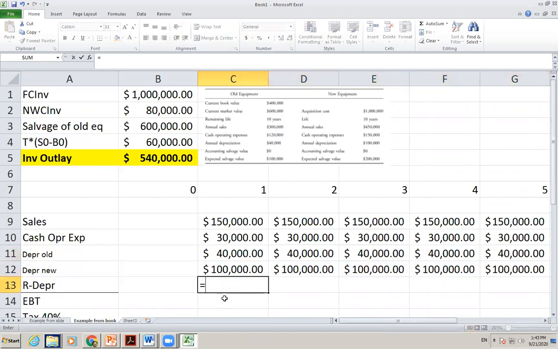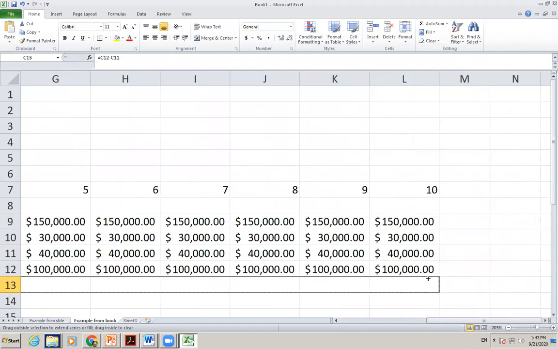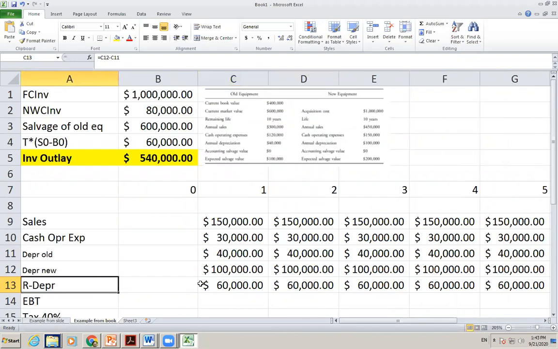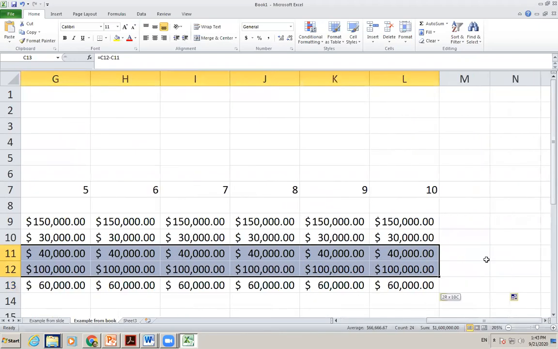And incremental value, new minus old, as we do it always. Okay, I'm just making it smaller.